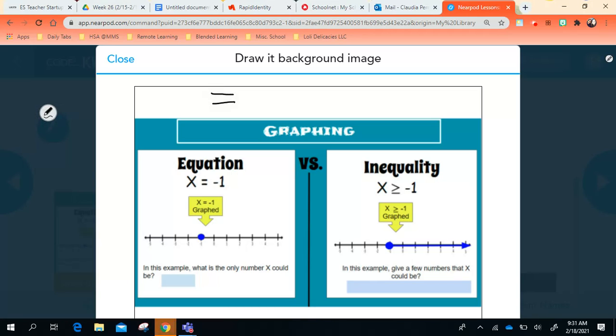Now with inequalities, we're looking at our greater than, greater than or equal to, and less than signs. I want you to take a second to think about what questions this page is asking you and try to answer them.